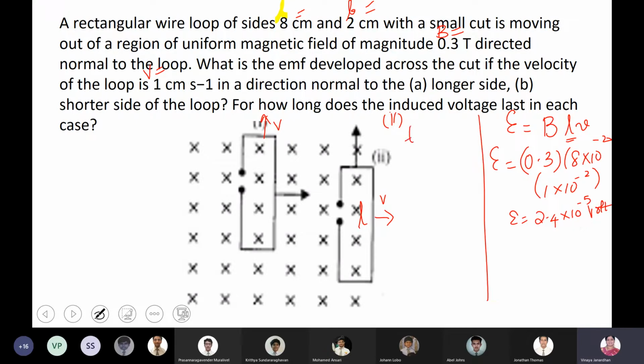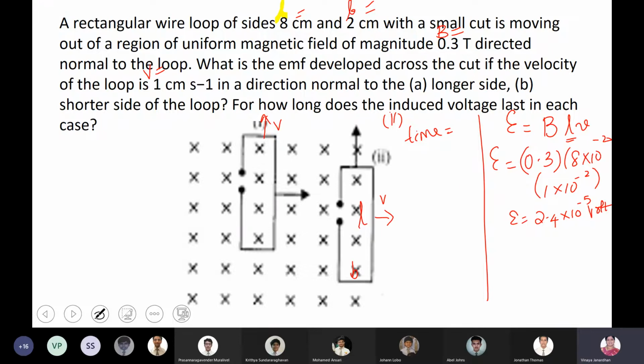Now comes the question: what is the time taken for the induced voltage to last? The only thing you have to consider here is that whenever a coil is entering a magnetic field, or whenever the coil is leaving the magnetic field, only in these two cases will an EMF be induced, because when the coil enters or leaves the field, the number of field lines passing through it keeps on changing.